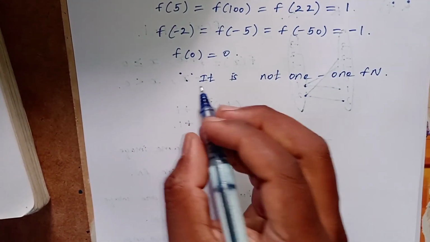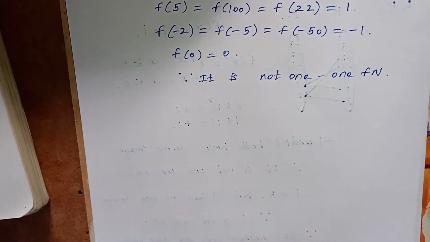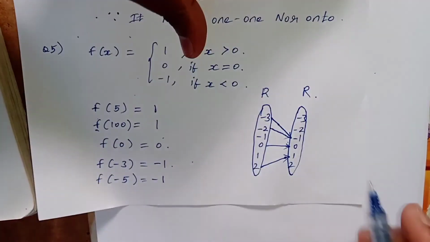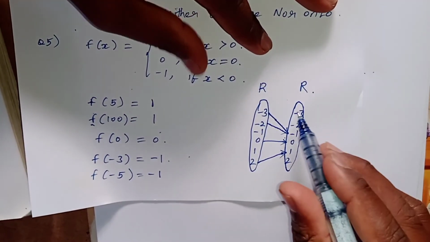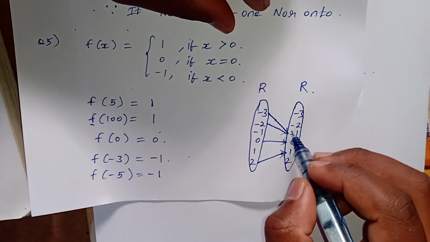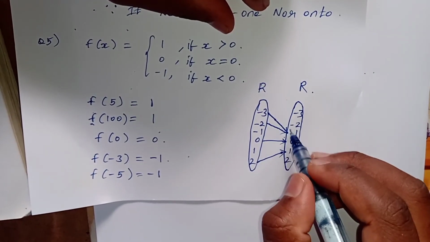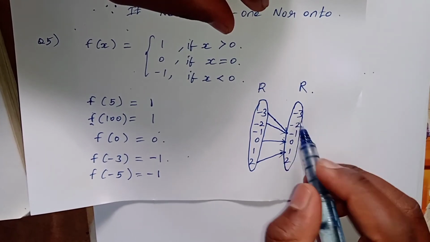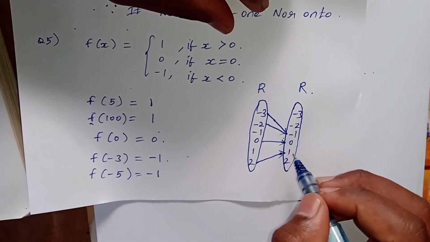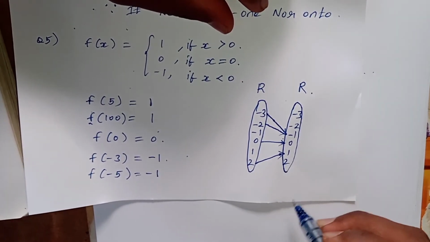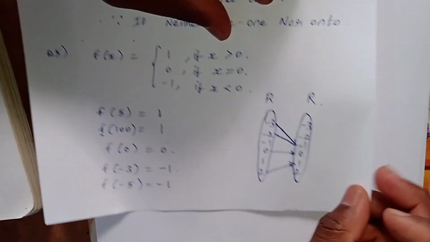Okay, second condition, onto. For checking whether it is onto or not, you have to check the codomain. In codomain, every element should have its pre-image. Okay, but here -2, -3 up to -infinity have no pre-image. Likewise here +2, +3 up to +infinity have no pre-image.